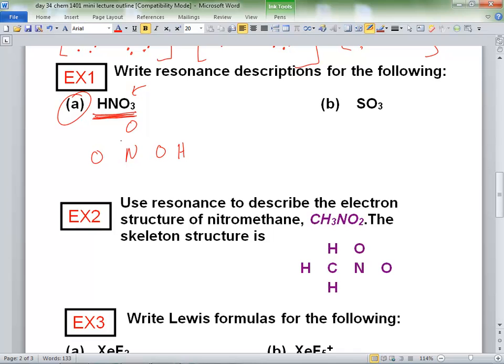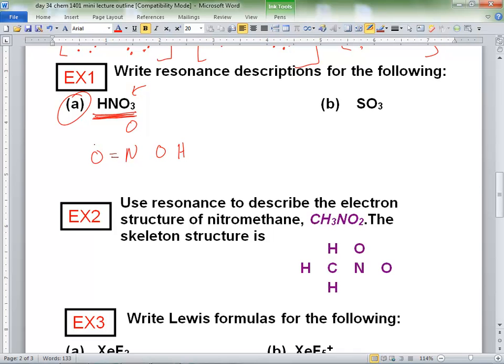Oh, this one, there's not a bond there. Oh, the nitrogen? Yeah, it's okay. Okay, good, looks good. Good, very good. Yeah, it looks good to me.